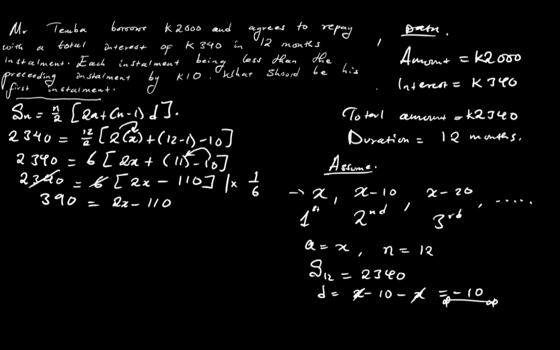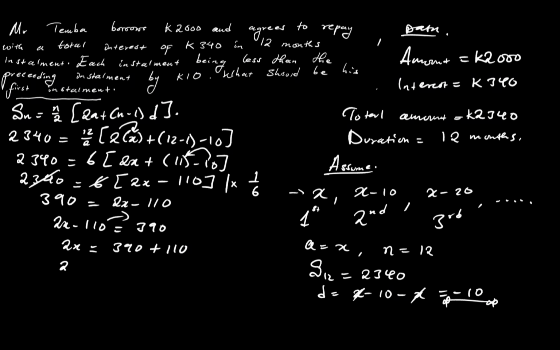Now at this point, you have to make x the subject of the formula. So we have 2x minus 110 being equal to 390. So just flip the equation because most people have to see it like this. Now transpose it. So you take the minus 110 the other side, and you have 2x being equivalent to 390 plus 110.